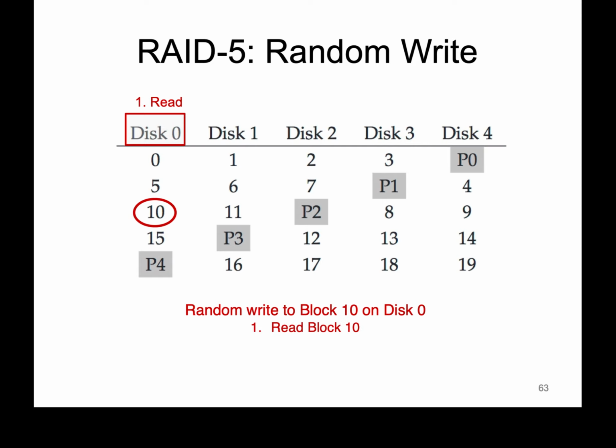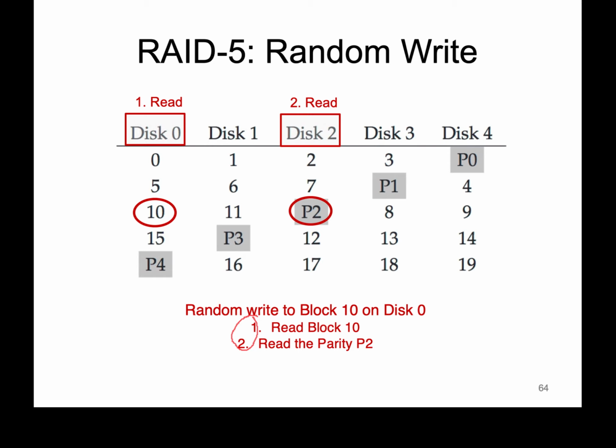In order to fully serve this random write, you first need to do a read, to read this data out, because you need to perform a comparison against the parity data. So you get two random reads: first read the data out and then read the parity data out.